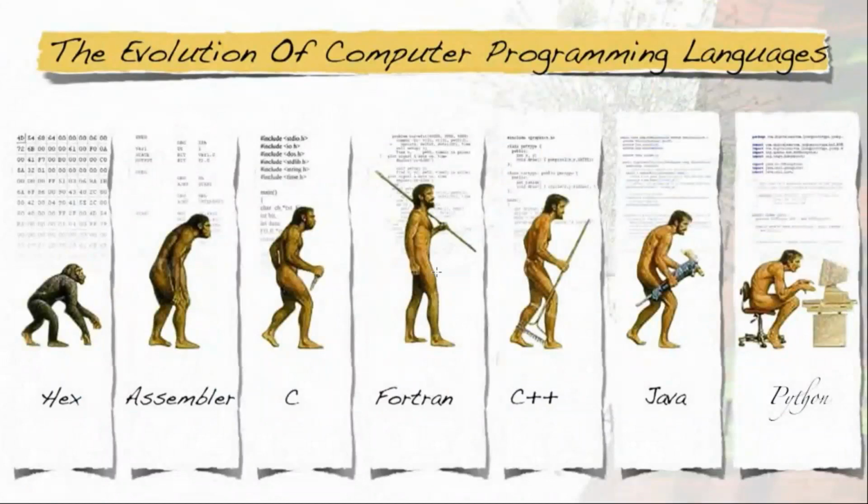Next we go to the evolution of programming languages. As we have seen computer hardware evolve, programming languages also evolved, from hex code or machine language, which corresponds to first generation language, and then people came up with assembly language, which corresponds to second generation language, and then we have C, Fortran, C++, Java, and Python.